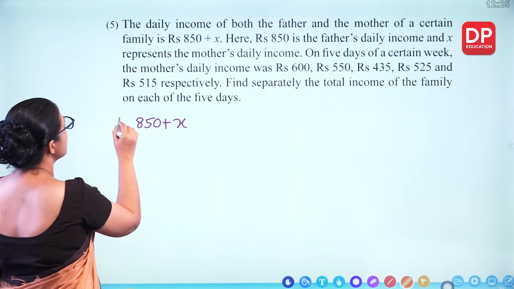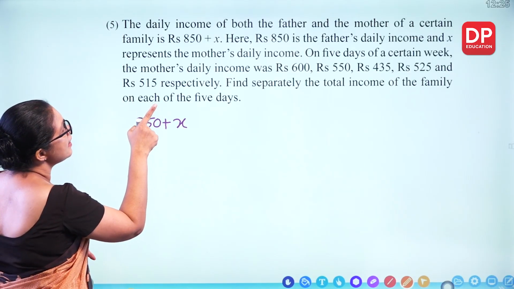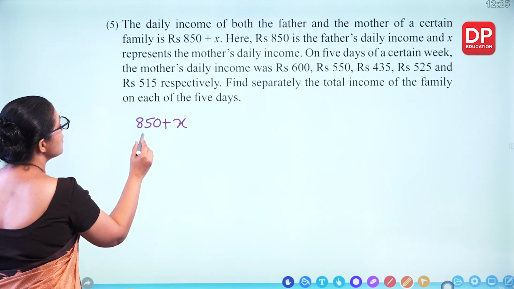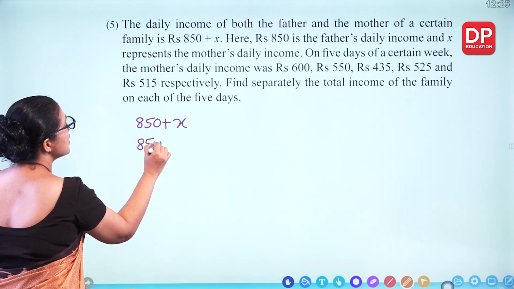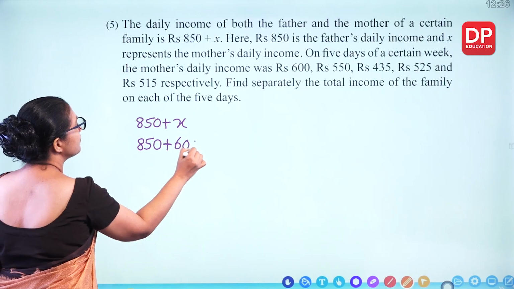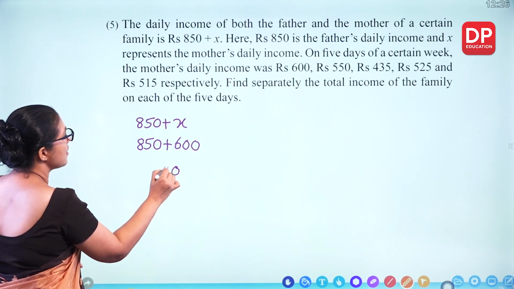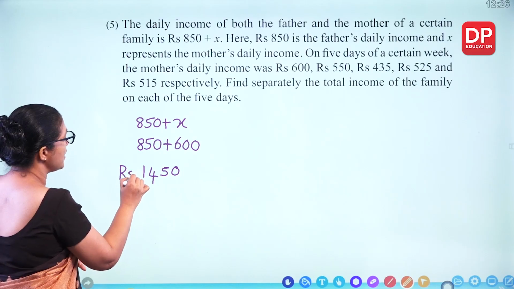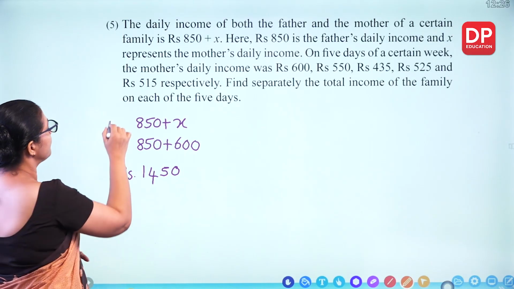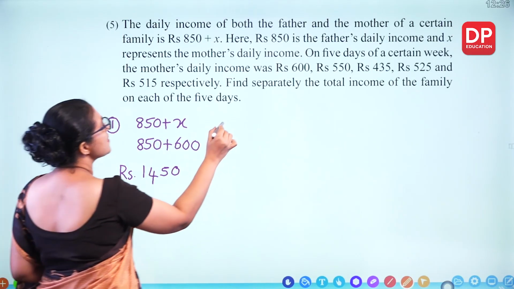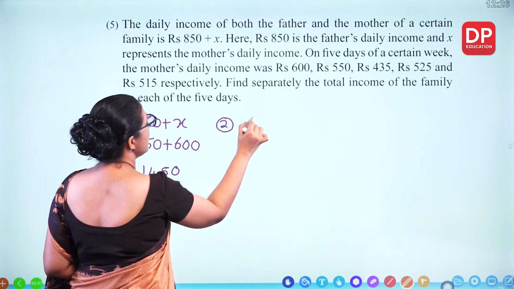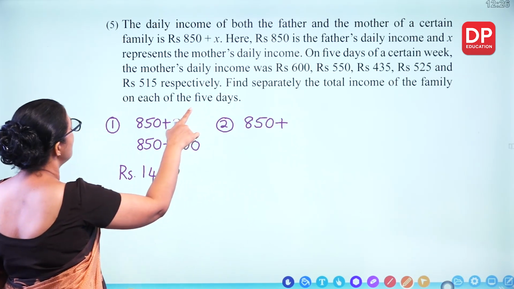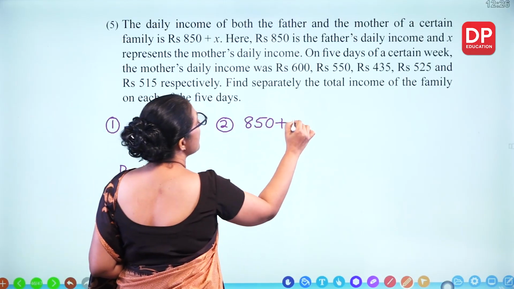So the first day, what's the income? X is 600. So substitute 600. You get 1,450 rupees. That's the first day. Second day, now the mother's income is 550.